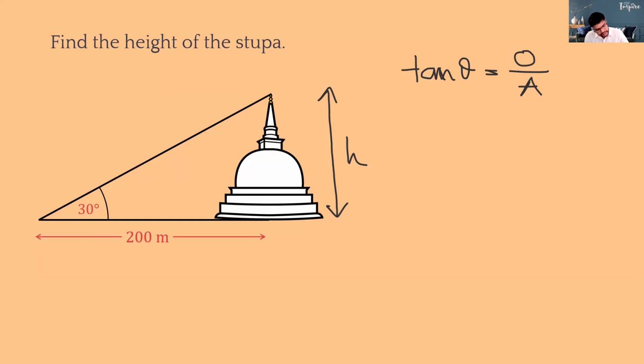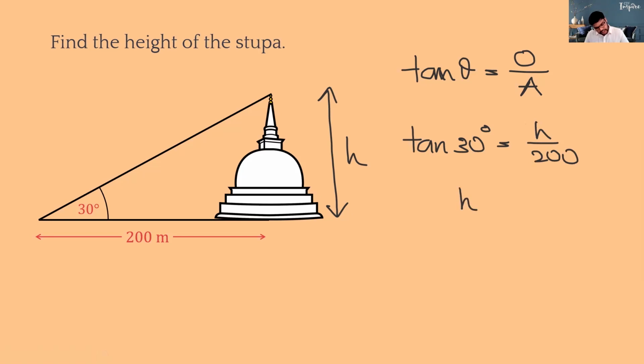So, children, tan 30 degrees is equal to opposite over adjacent, which is h over 200. Now, children, we'll first multiply by 200.